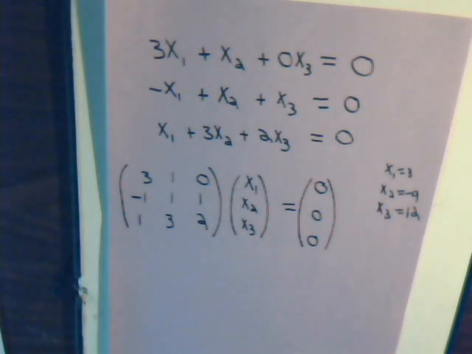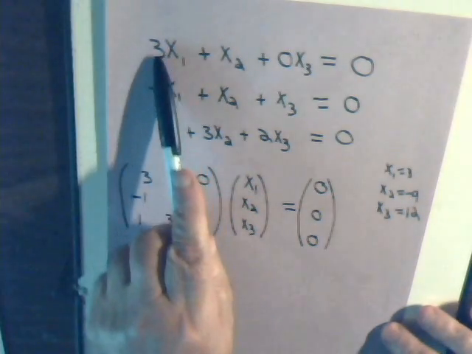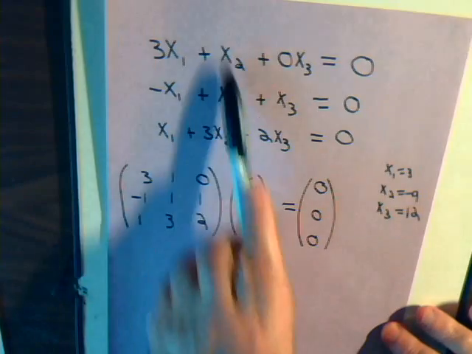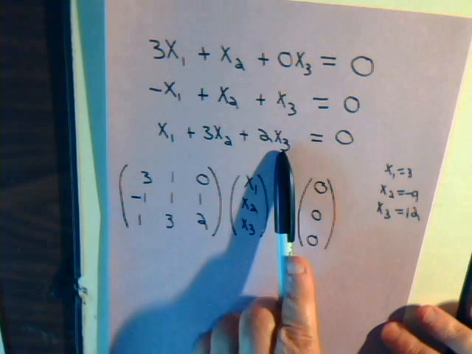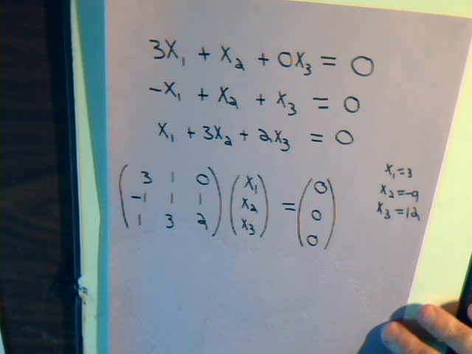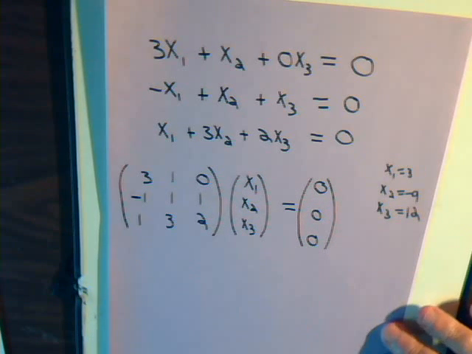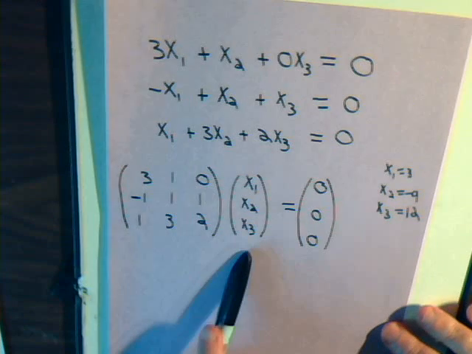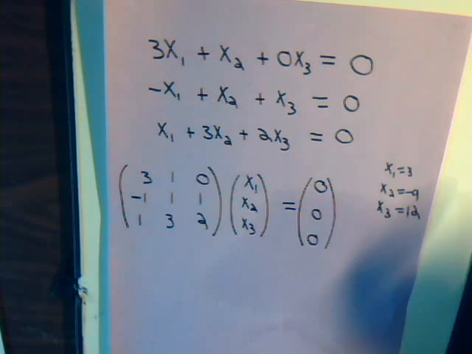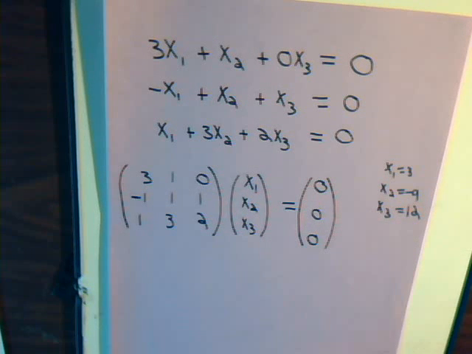What we want to point out is we can rewrite the problem like this. We form the matrix just like we did before by taking the coefficients of the x1s, the x2s, and the x3s for those columns. There's the matrix. Now we multiply it by x1, x2, x3 in a form of what we call a column vector. And it equals the 0 vector, 0, 0, 0.